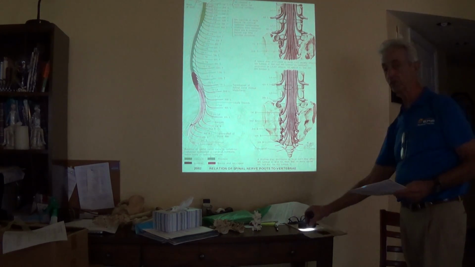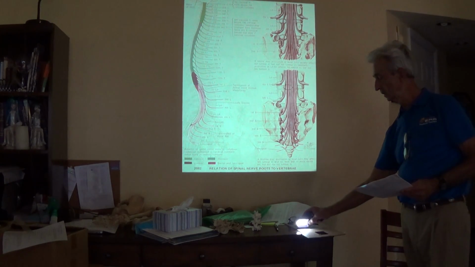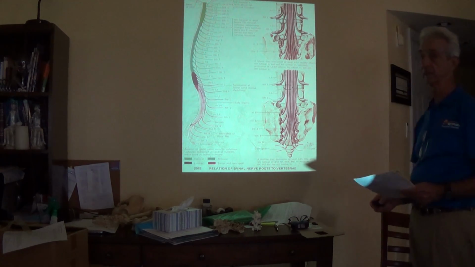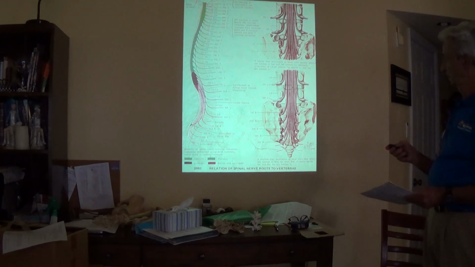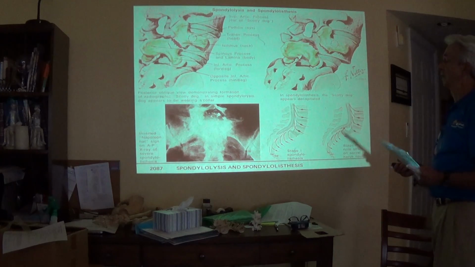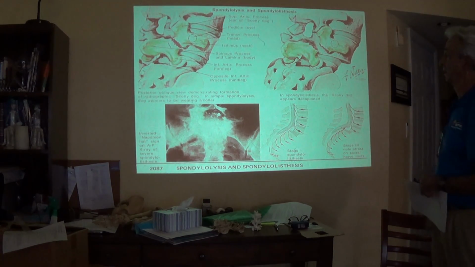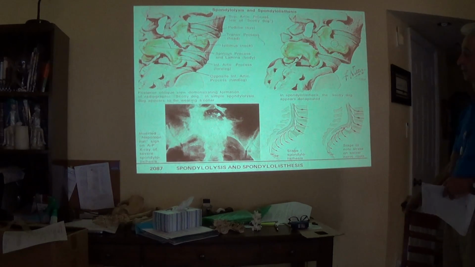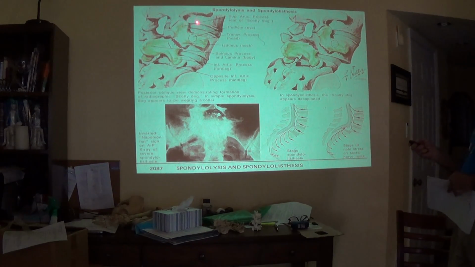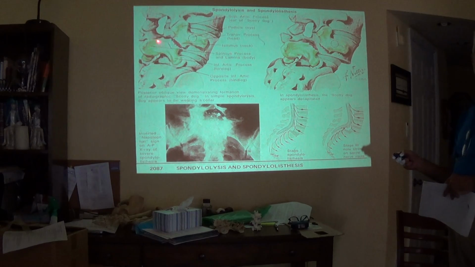And we're going to talk about two areas of pathology in the low back, like I said, bony and soft. The first bony problem that we want to look at is spondylolisthesis and spondylolysis. Spondylolysis being a fracture type defect in the pars interarticularis, and this is usually developmental.